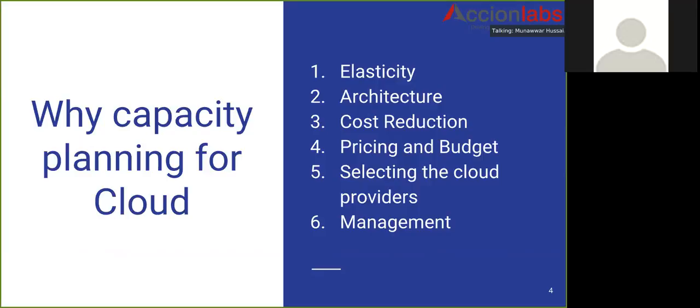Pricing and budgeting. If you have a release going on and you need to procure more hardware, obviously management is going to ask questions and there will be some time lag. So to address those problems, there is selecting the cloud provider, there are a number of cloud providers, how they are going to provide capacity planning, how their infrastructure is organized, and how we are going to integrate with that.